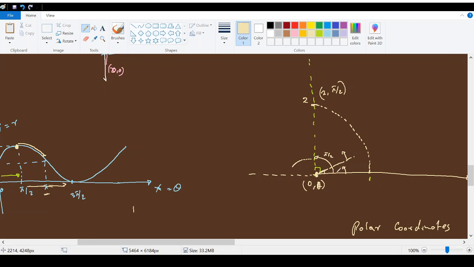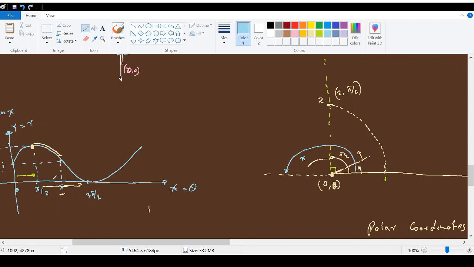So this whole angle will become pi, and when that angle increases from pi by 2 to pi, the radius should decrease from 2 to 1.